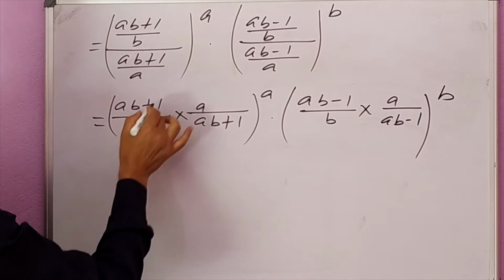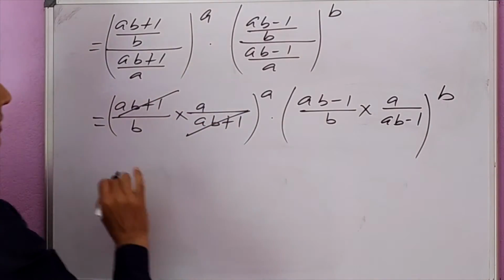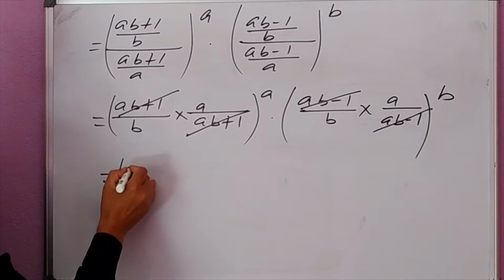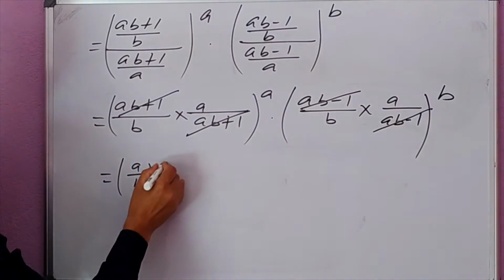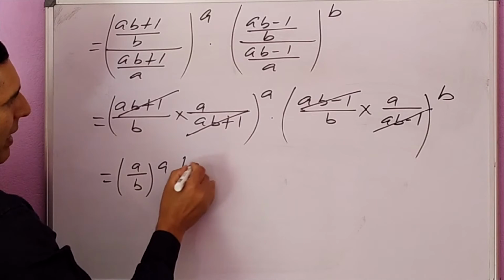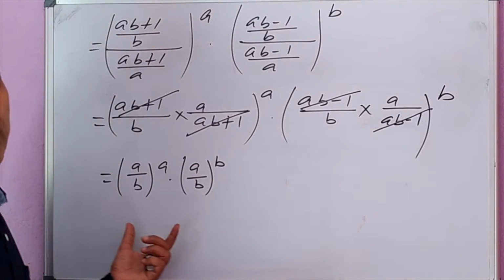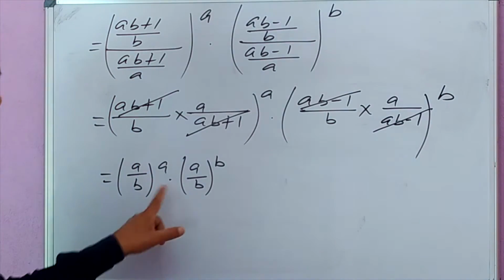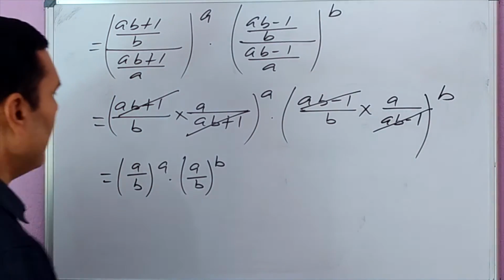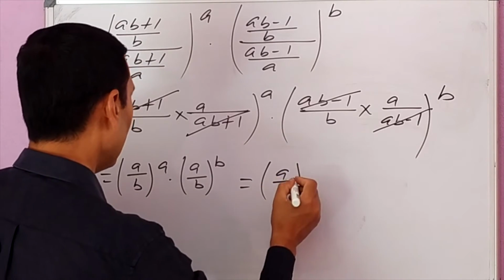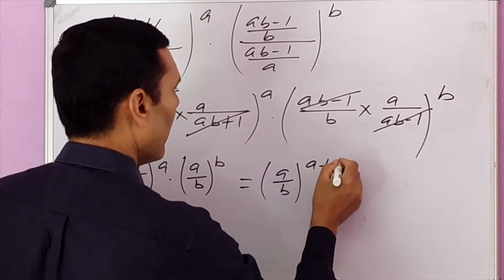You can see ab plus 1, ab plus 1, ab minus 1, ab minus 1 cancel. So here we have (a/b) to the power a. In the second bracket, (a/b) to the power b. This time we have the same base, a/b, a/b. So very easily on the same base, powers are added together, (a/b) to the power a plus b.